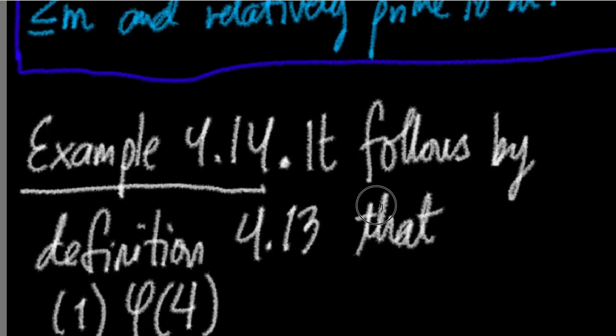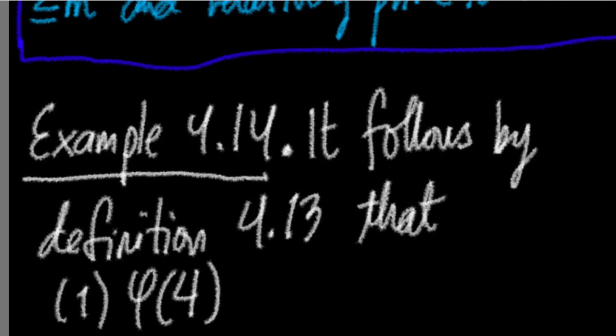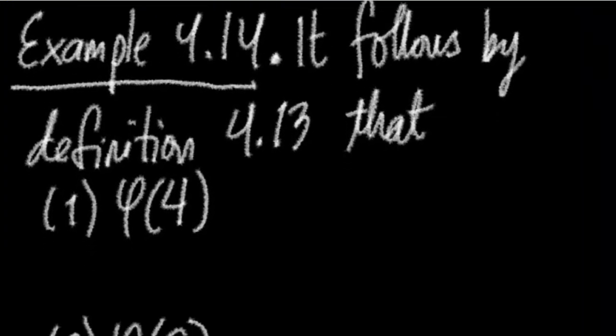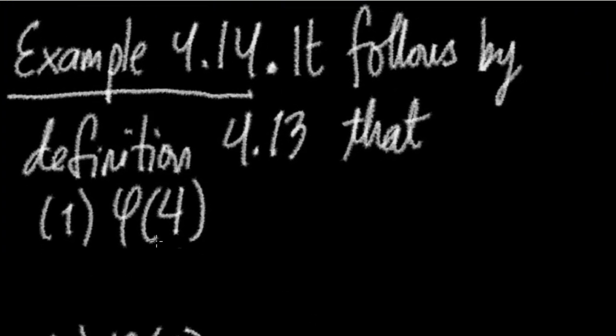Now let's go to some examples of the Euler's phi function so that we can understand it more. This is example 4.14. It follows by definition 4.13 that, let's start with the first number, Euler's phi function, phi of 4, is what number?